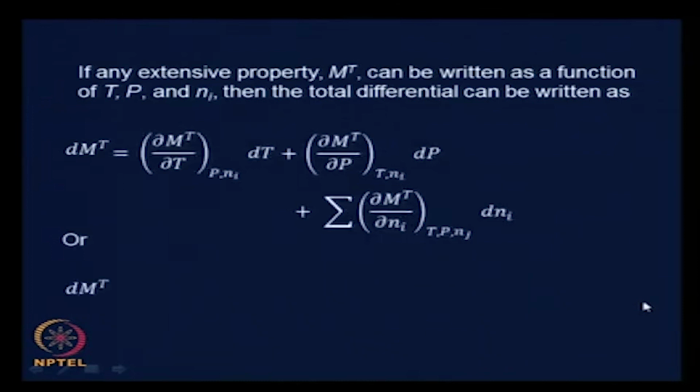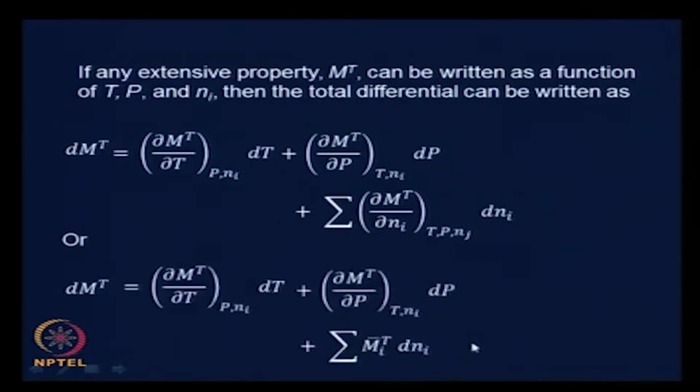And then we went into arguments using the expansion of the total derivative d(nM), and ∂(nM)/∂n_i at constant T, P, n_j is nothing but the partial molar property here. Therefore, you get this in terms of temperature, pressure and the number of moles variation.